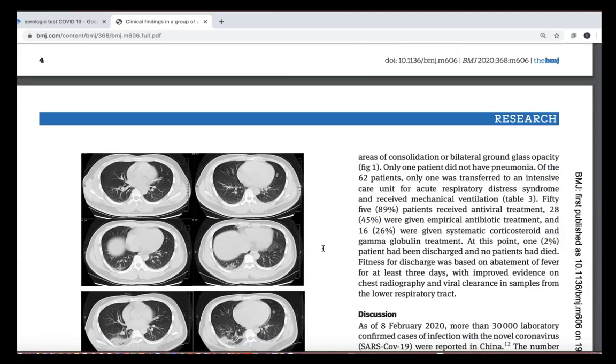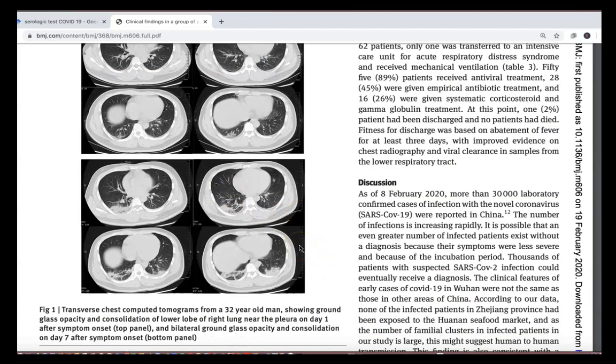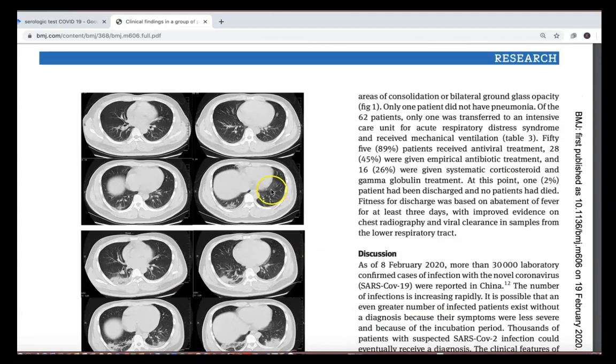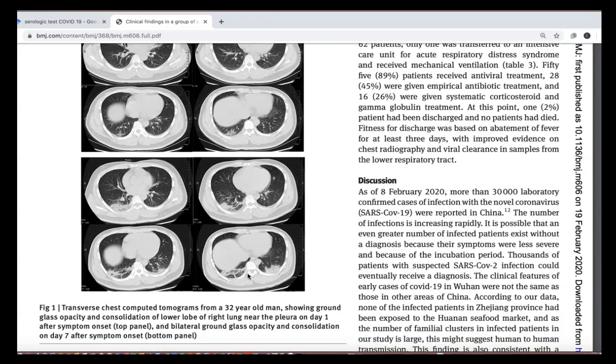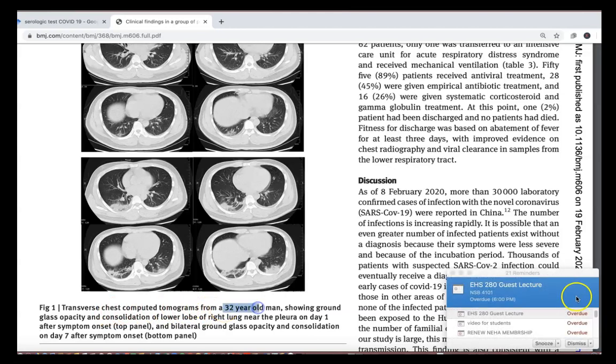They also give the radiology community some images that they would know how to read best, which helps them understand what this might look like in a person. This is an image of a 32-year-old man's chest.